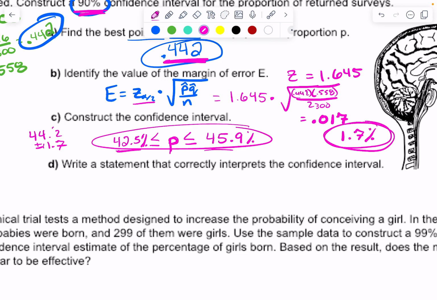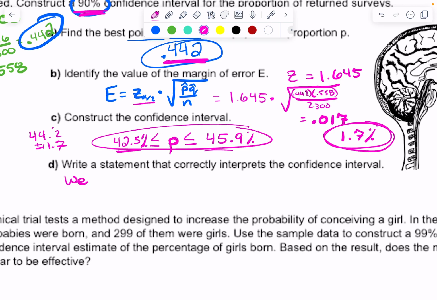Okay, here's what your statement's going to look like. Write a statement that correctly interprets the confidence interval.